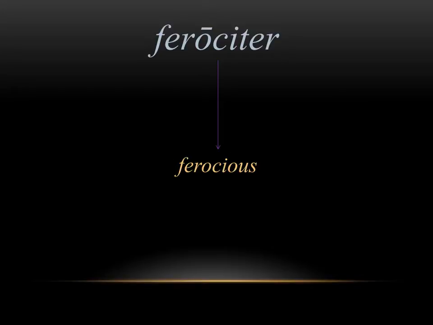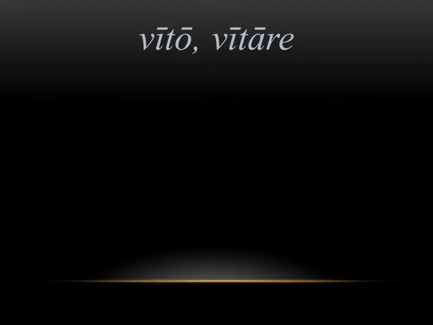Fiercely, ferociously, it's the same root. The next word is vito, vitare, which means to avoid in Latin. And in English, we get the derivative of inevitable. And let's think of the meaning of that word. If something is inevitable, it means it's unavoidable. So you can tell it has that same meaning as vitare, to avoid.